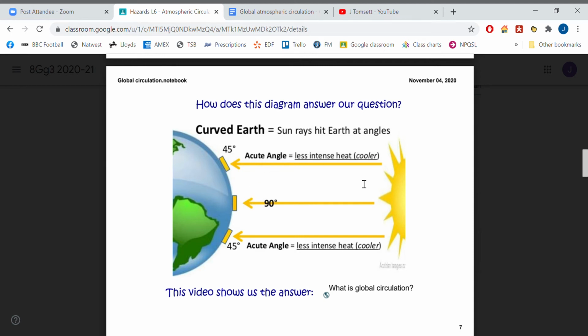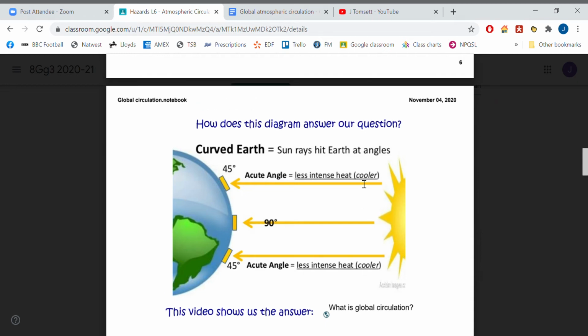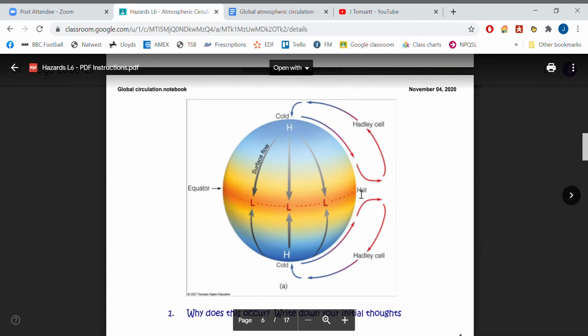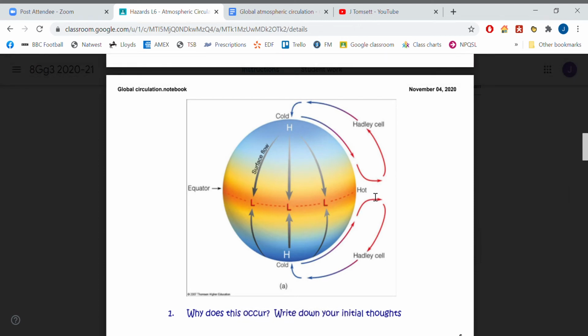So it gets less intense heat. Just to put that in perspective, if you go to the Arctic, it's colder than it is at the equator. Now, because of that, this air is heated much more effectively than this air. And as this air is heated, the air becomes less dense, it weighs less, and it actually rises.